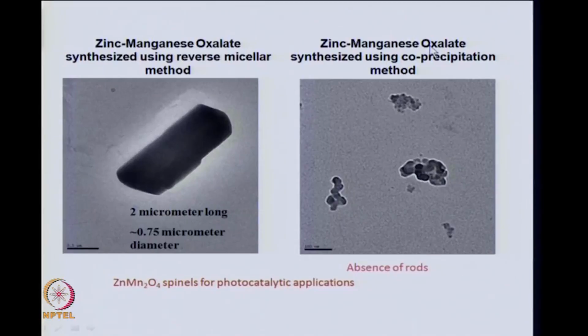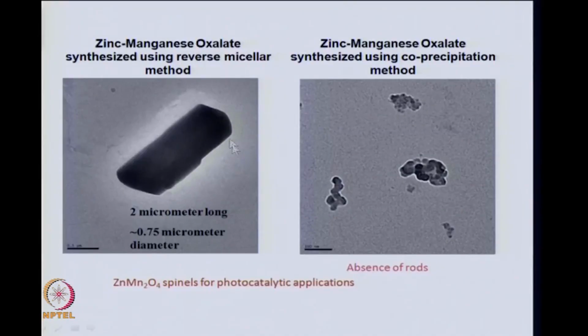If you take the X-ray diffraction of both of them, they will have the same X-ray diffraction, telling you that in both cases the product is the same. However, the morphology is very much dependent on the methodology, how you have obtained them. So, if you use the reverse micelle method, you get these rod shape structures. If you do not use the reverse micelle method, no microemulsion, then you get these sphere like structures.